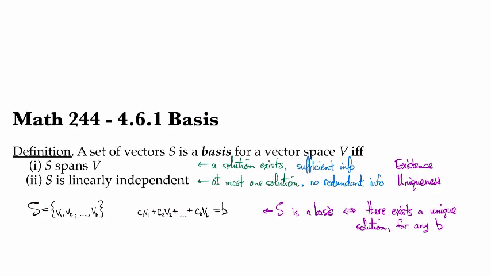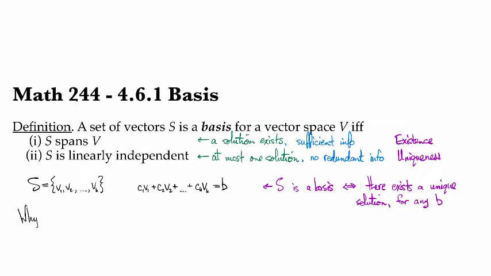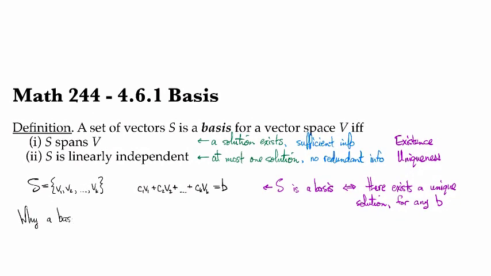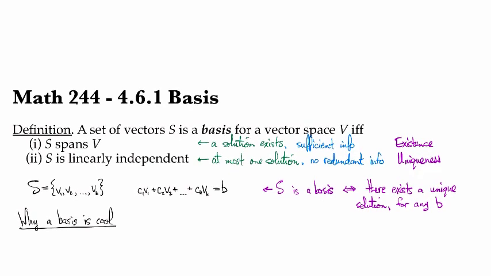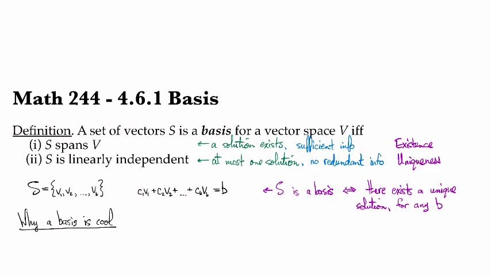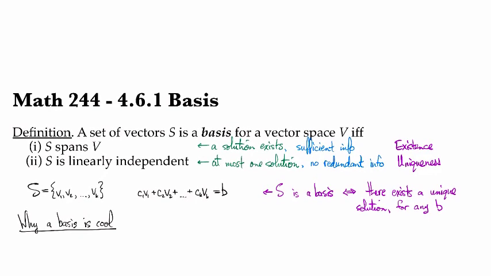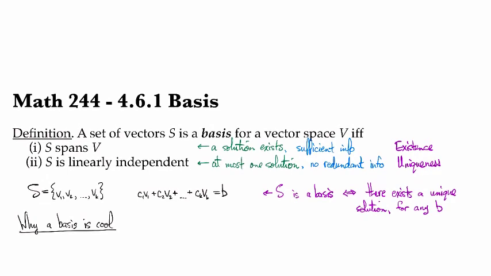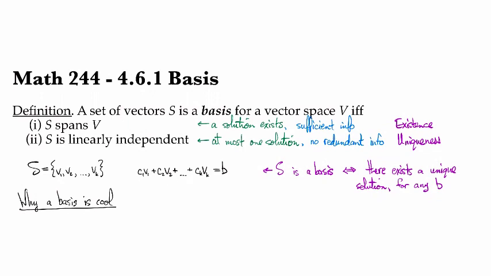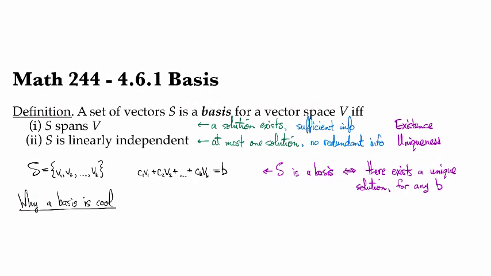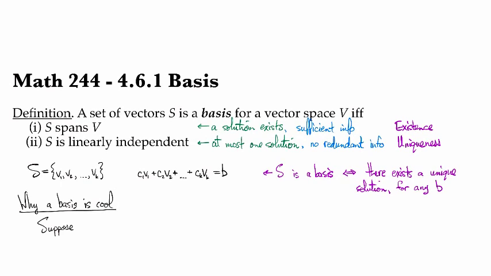Now let's talk about why a basis is a great thing to have. This is basically why we do linear algebra. The fundamental idea is that we can do everything in terms of the basis, and that greatly simplifies everything. We can express solutions in terms of a basis, we can describe transformations in terms of a basis, and so forth. So let's go with transformations for now.